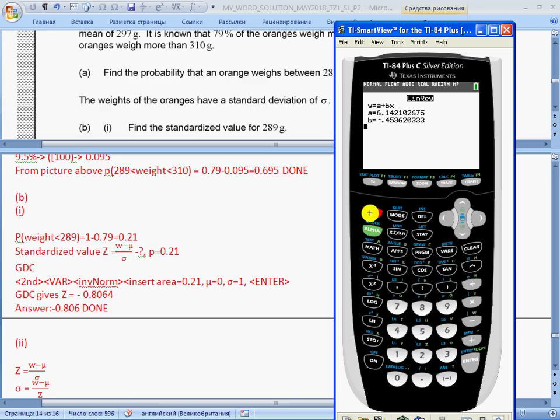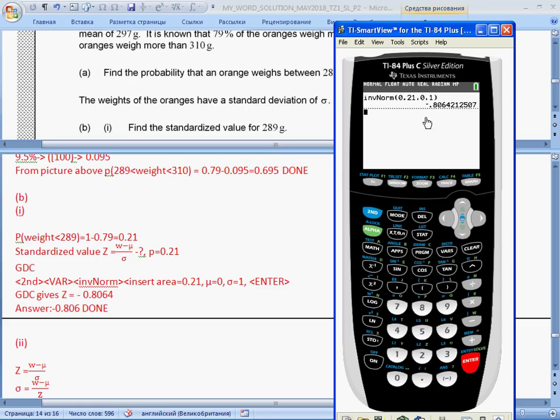So second verse, inverse normal is 3, array is 0.21, and the rest is standard distribution, so we don't change anything.